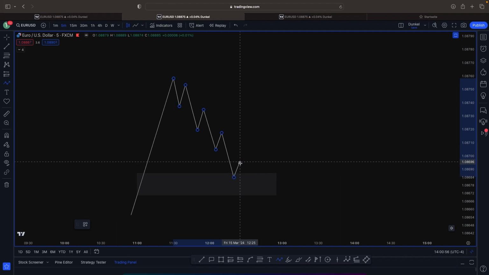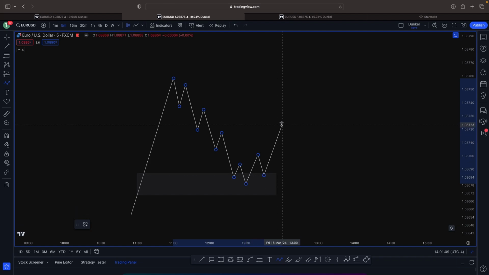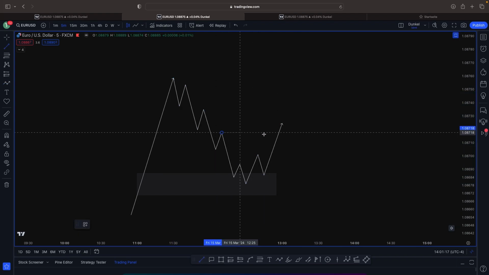Here we get the smart money reversal, as we've talked about on the previous slide. And then the first stage of accumulation, sweeping this engineered liquidity.